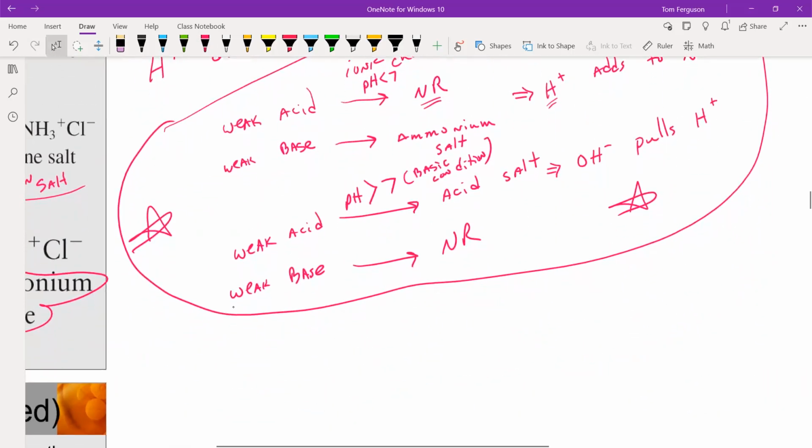In an alkaline or basic condition where pH is greater than 7, the weak acid then forms the salt, and there's no reaction with the base. That's one way you can diagnostically identify acids and bases: by changing the pH environment and seeing how the ionic conditions change.